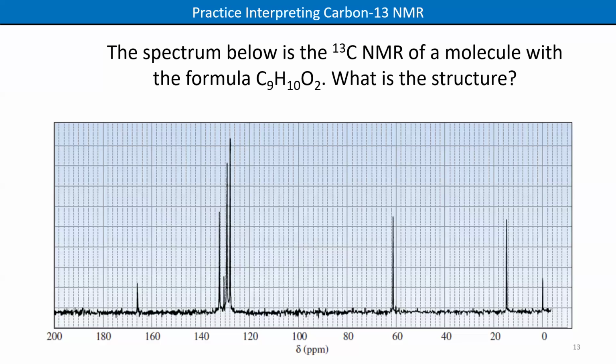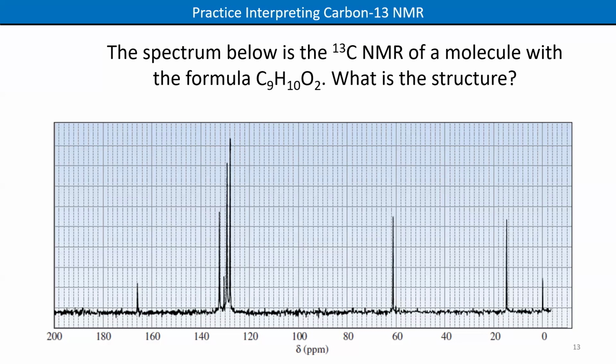The most common way that you see that is if we have 2 things attached on opposite sides and they're not symmetric. If we had 2 things attached on opposite sides and they were symmetric, we would only see 2 different carbon peaks in that aromatic region. The fact that we see 4 tells us they're probably opposite each other and they're different.